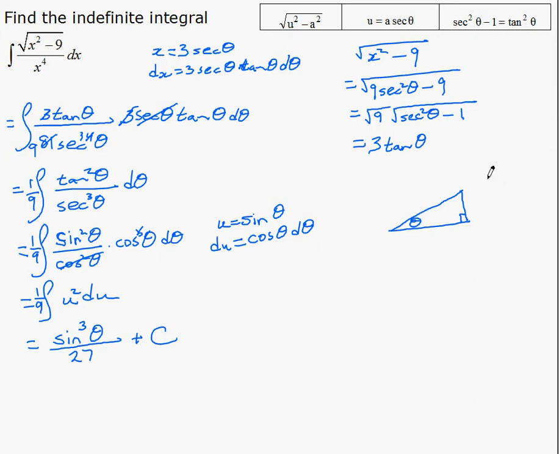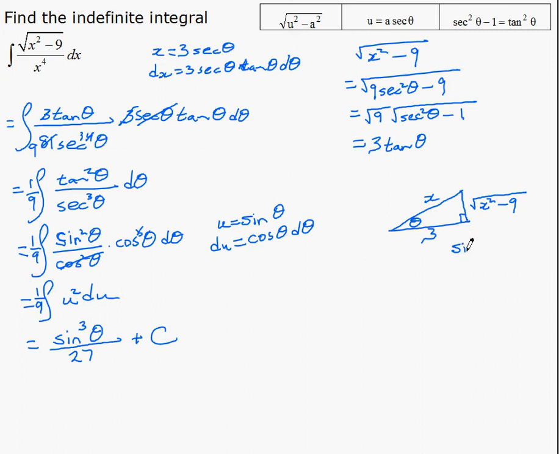Cosine is adjacent over hypotenuse, so hypotenuse over adjacent is secant, so hypotenuse is x, adjacent is 3. Using the Pythagorean theorem, we can find that this side is the square root of x squared minus 9, which was in our question to begin with.